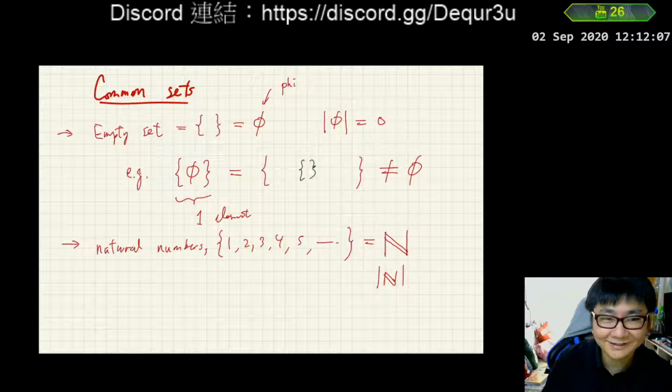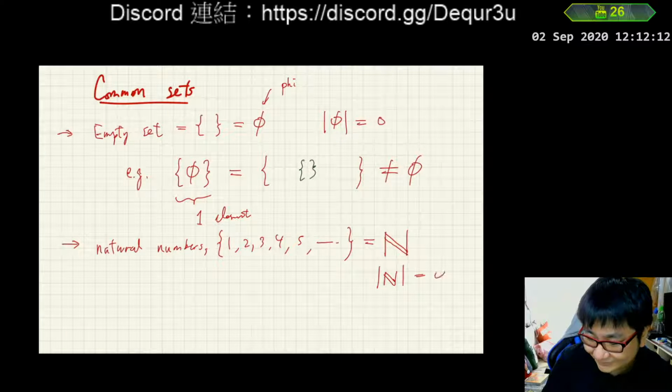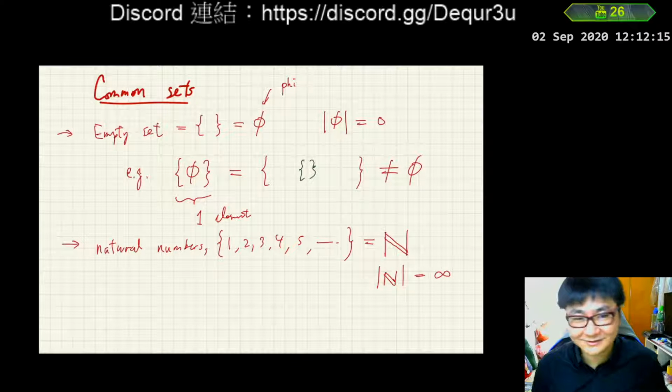Try to be serious in the lesson, okay? How many natural numbers are there? Yes, infinite. So the number of elements in the natural number set is infinity.